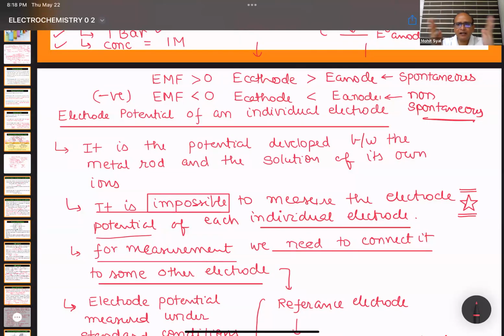You need to take the difference. You can measure the difference, but you can't measure the absolute value. It is just like this problem. Suppose I give you, Aisha, x minus y equals 10, right? And if I ask you what is the value of x, what is the value of y?